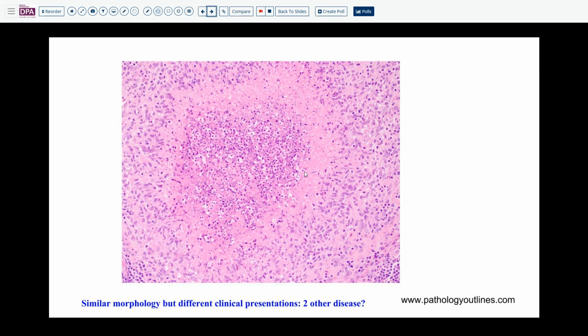But if I tell you this is a 15 year old boy with right lower quadrant pain, and they do a CT and didn't find appendicitis, but they can find an enlarged enteric lymph node, and then they do a biopsy and show something like this, what is your thought in this clinical scenario?